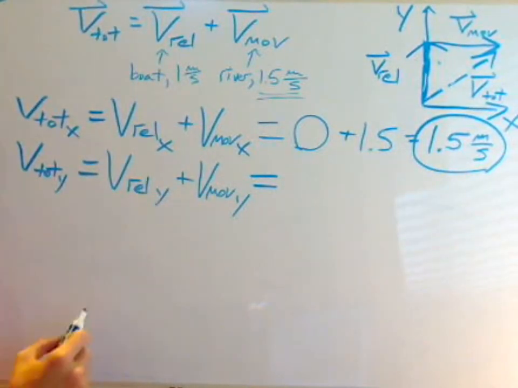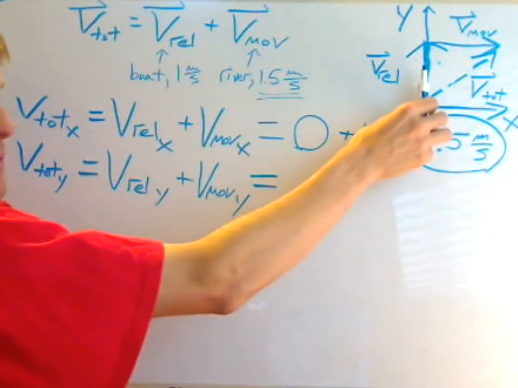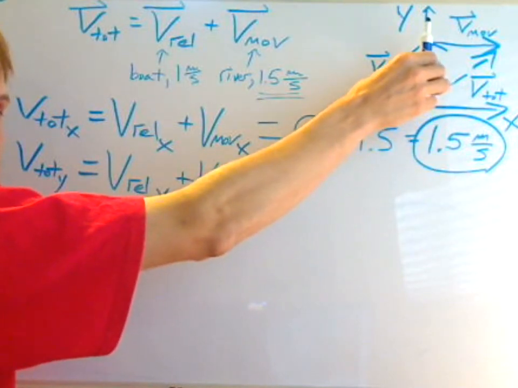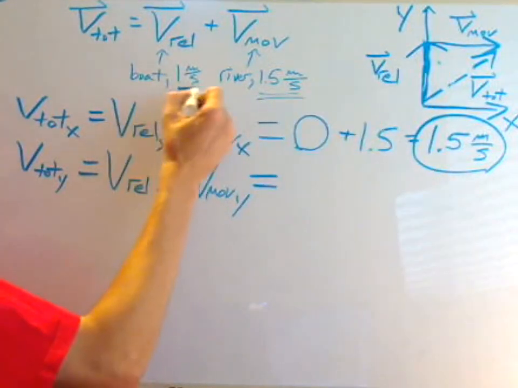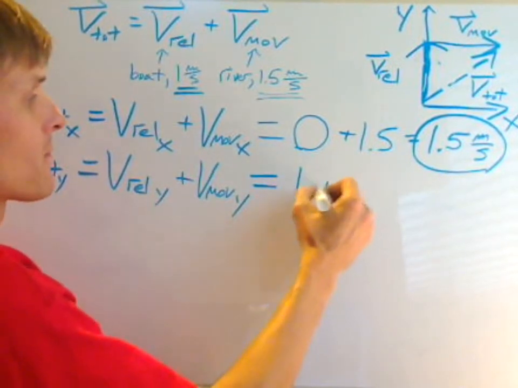Now for the y components. The relative velocity vector, that is the boat, its motion is entirely in the y direction. So the y component is just our 1 meter per second that we were given in the problem. So this would be 1.